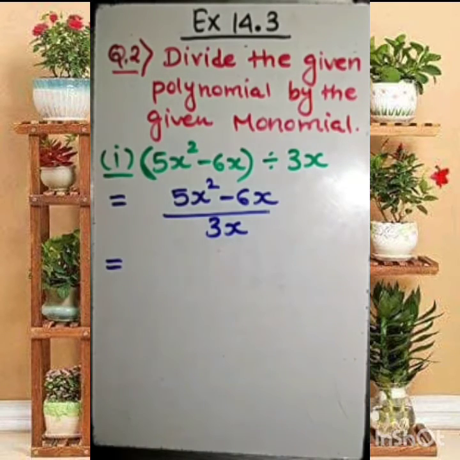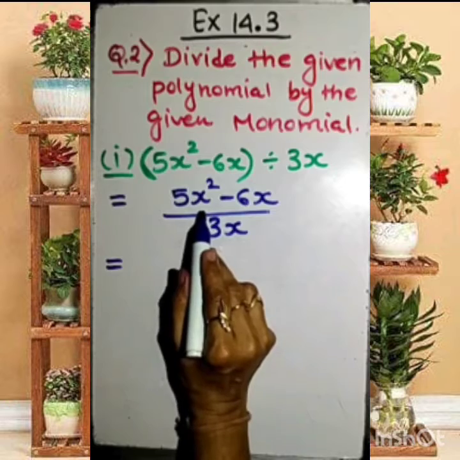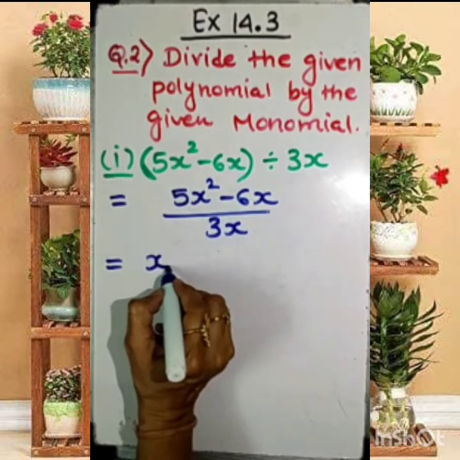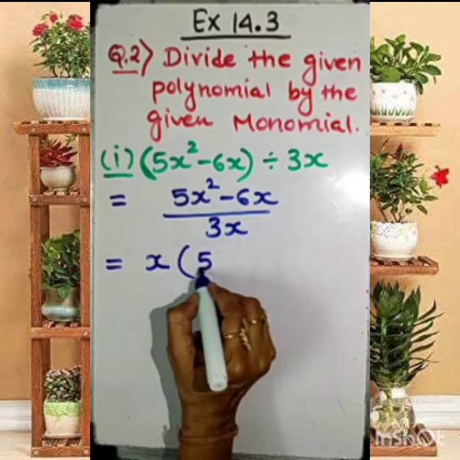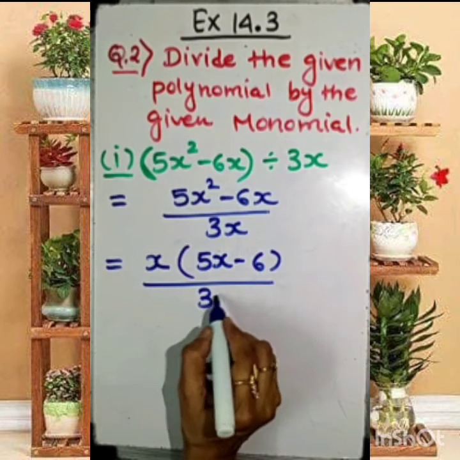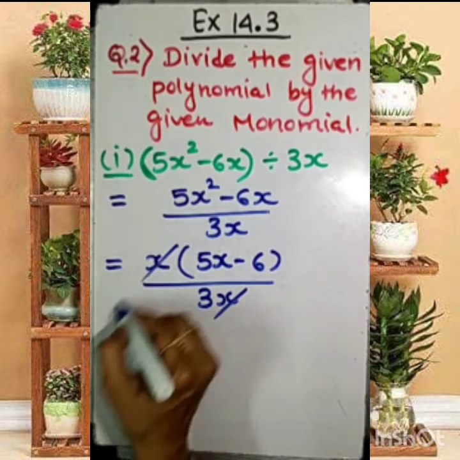So dear student, from the numerator we can take out x common. You can see nothing else is common, it means we need to work on the x. x is common. So what will be left here? 5x minus 6. In the denominator 3x will be left, x cancels.